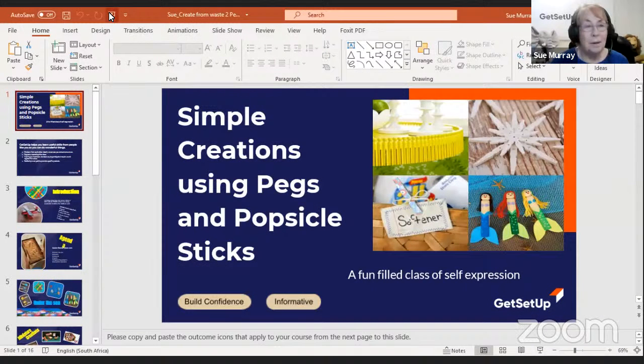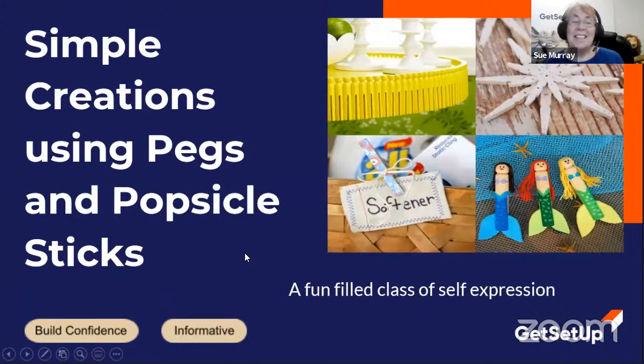So I'm going to go straight into sharing my screen and let's see what we can make today. Right, let's share it and turn it into a PowerPoint. Today we're going to do simple creations using pegs, which I think you use a different word to what we use, clothes something, but pegs they are for me, and popsicle sticks, which we just call sucker sticks.